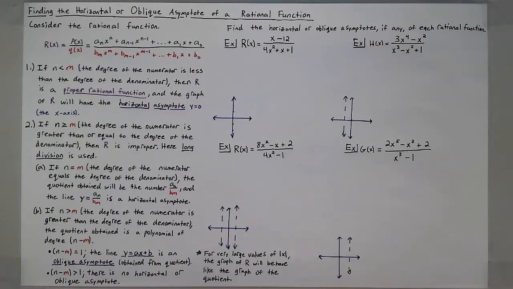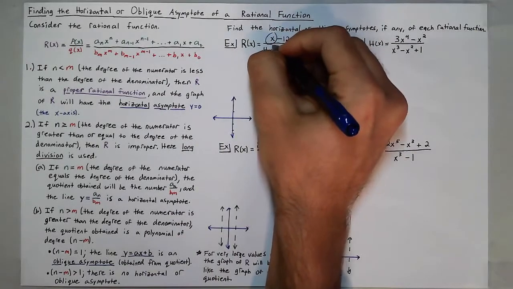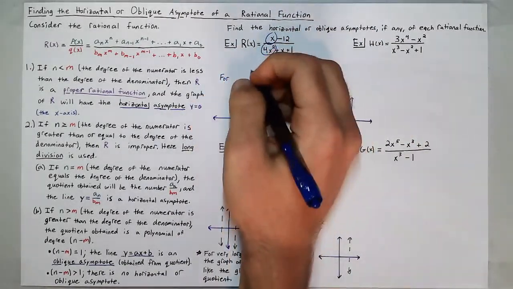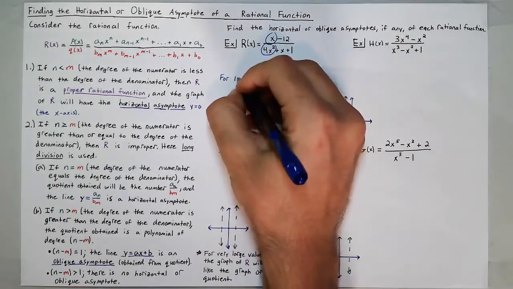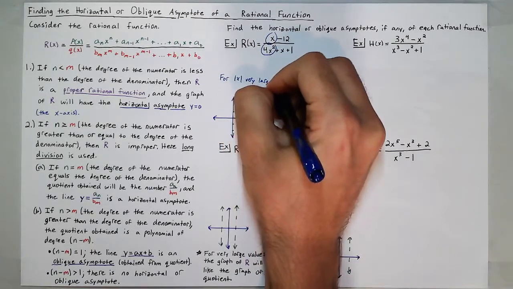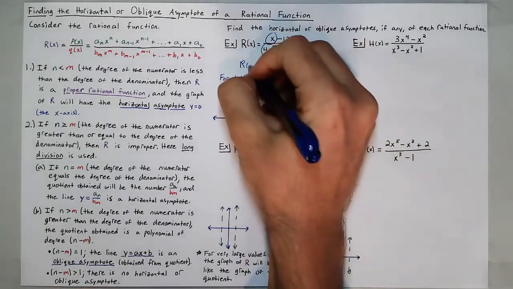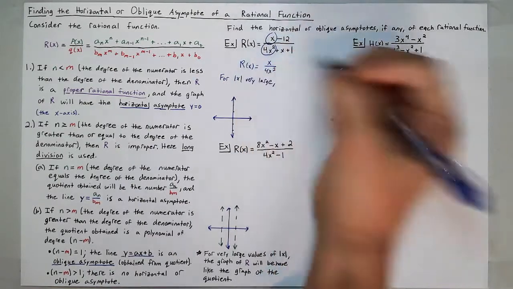But why is that? Well, if we look at the leading term of each, for large values, for absolute value of x very large, the only thing that matters for this function would be x over 4x squared.